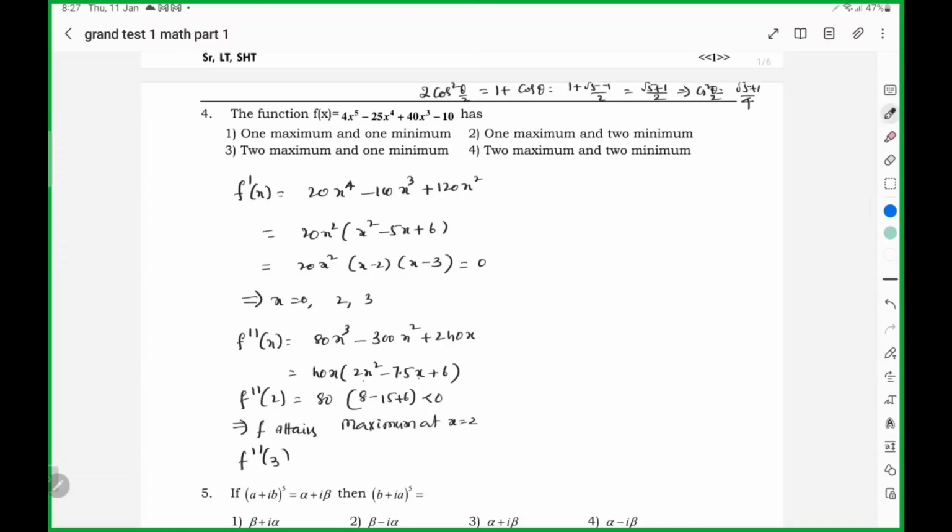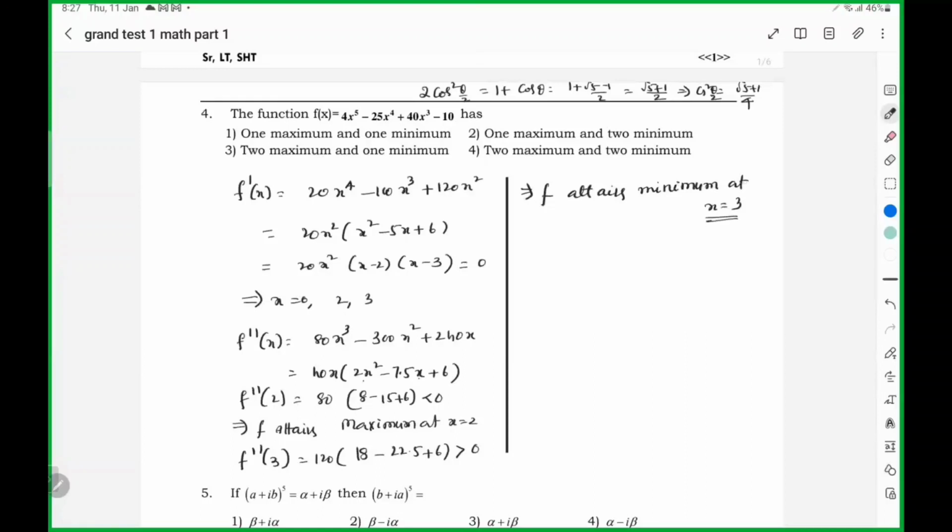F double dash 3, if you find, is 9 into 2, 18. So it is positive, which implies f attains a minimum at x equal to 3. Right.